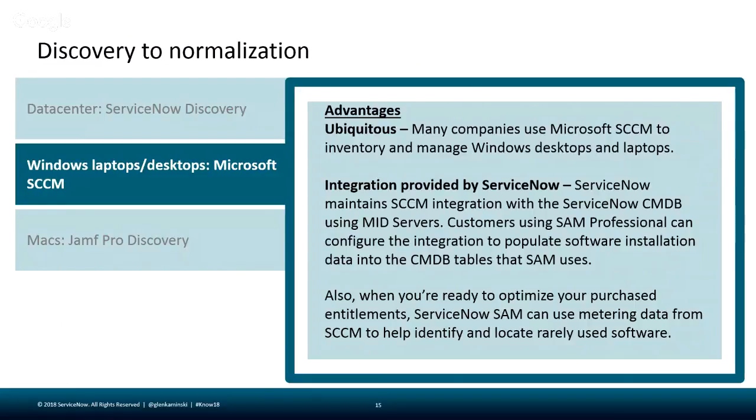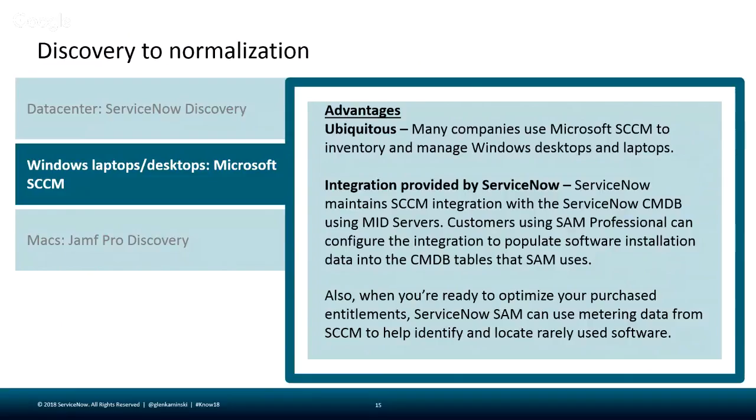Now, another advantage down the road is that when you're ready to optimize your purchase entitlements, in other words, when you're ready to start harvesting software installations that are not being used often, ServiceNow Software Asset Management can use the metering data from SCCM to help identify and locate rarely used software. So software metering can be turned on for specific applications within Microsoft SCCM, and it will track how often an application is used and for how long that application is used over the course of a month.